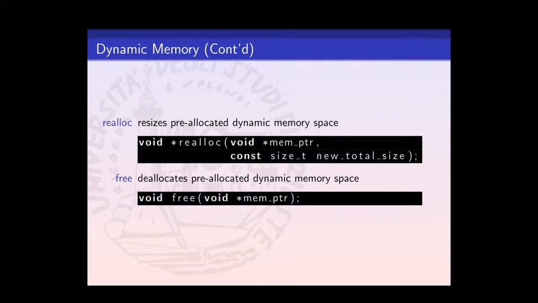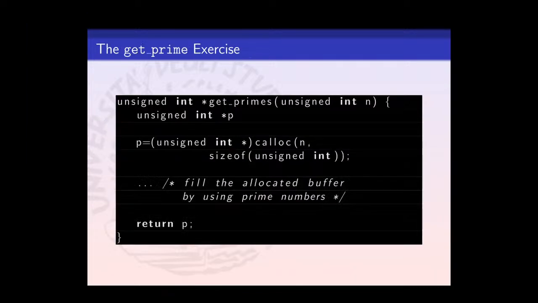Now let's have a look at our exercise and try to understand what's going on. By using dynamic memory handling, we are now able to write a function which takes as parameter a number, which is the number of prime numbers we want to get, and returns a pointer to the memory location which is allocated inside the function. So the function is taking a number, allocating the space corresponding to that number, and returning a pointer to that memory location.